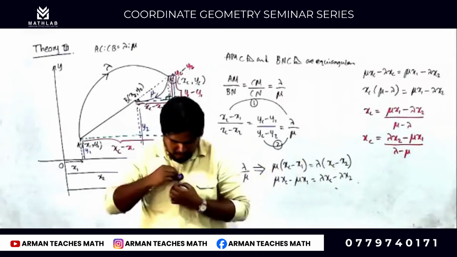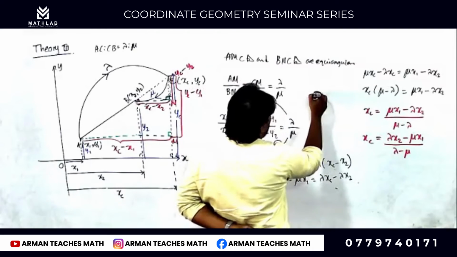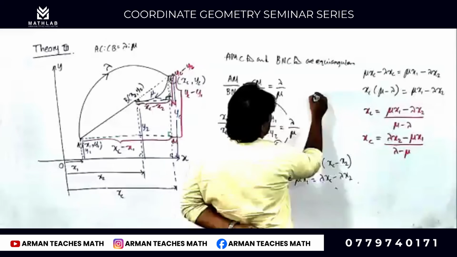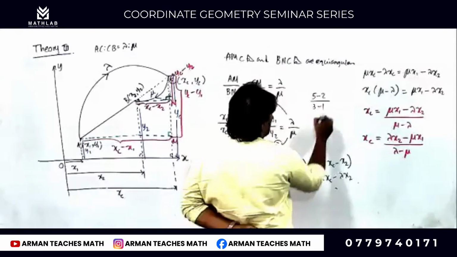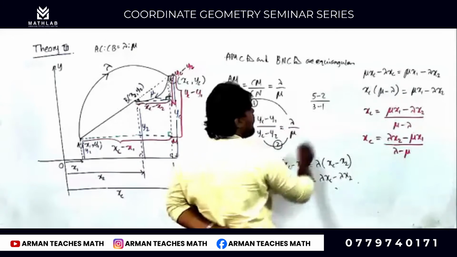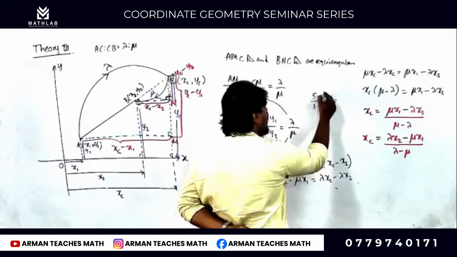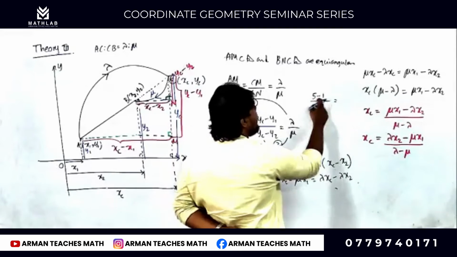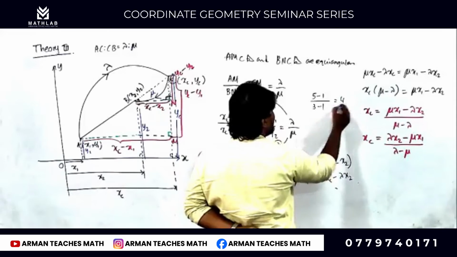Here, see, this is a simple simplification. Let's say you have 5 minus 2 divided by 3 minus 1, for an example. What's the answer? 5 minus 1 is 4. 3 minus 1 is 2.